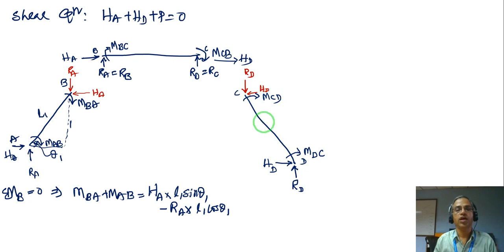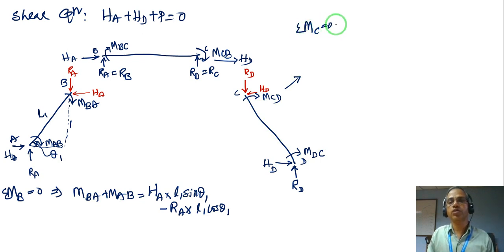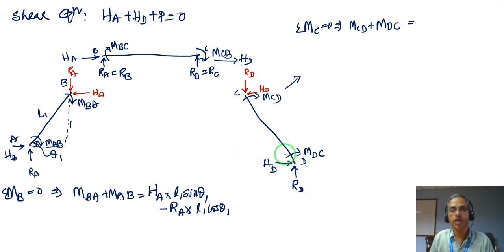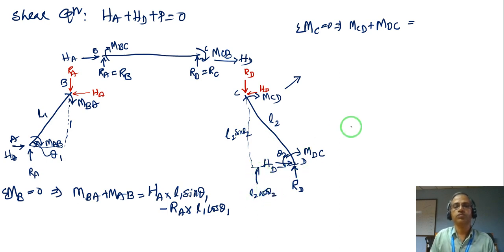So I have to remove this R also. Similarly, from the CD, I will find out what I get. Summation of moment at C equals 0. What I am going to get is MCD plus MDC is equal to, I know this angle is your theta 2. If the length is L2, the vertical distance is L2 sine theta 2, and the horizontal distance is L2 cos theta 2.